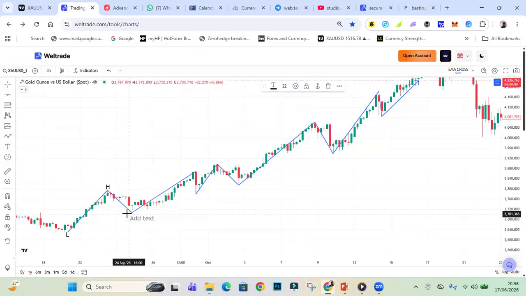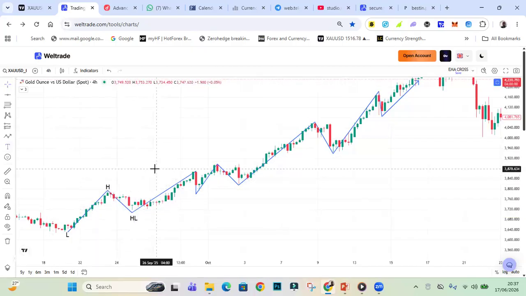So this one becomes a higher low. Why? Because it's higher than this one, but it is a low. This is a high. So now this one will be a higher high.